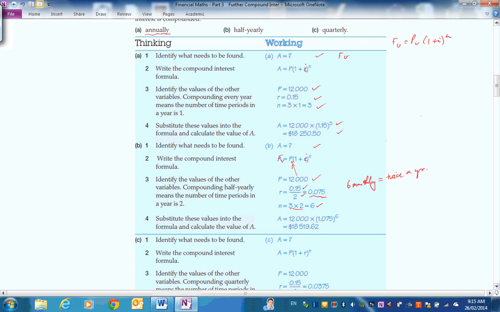It would be done twice a year, for 3 years, 6 calculations. So it's 12,000, 1.075 to the 6th. These must match the time frame adjustment.